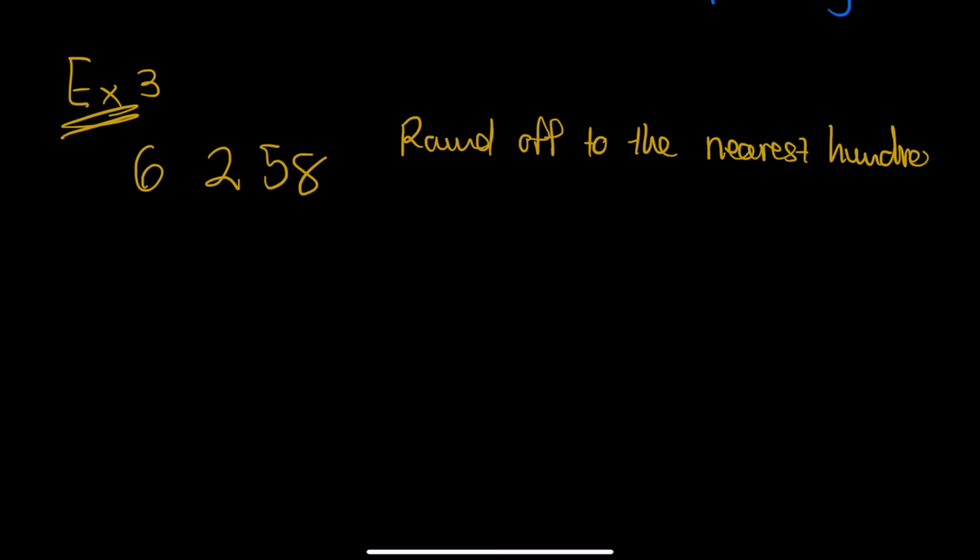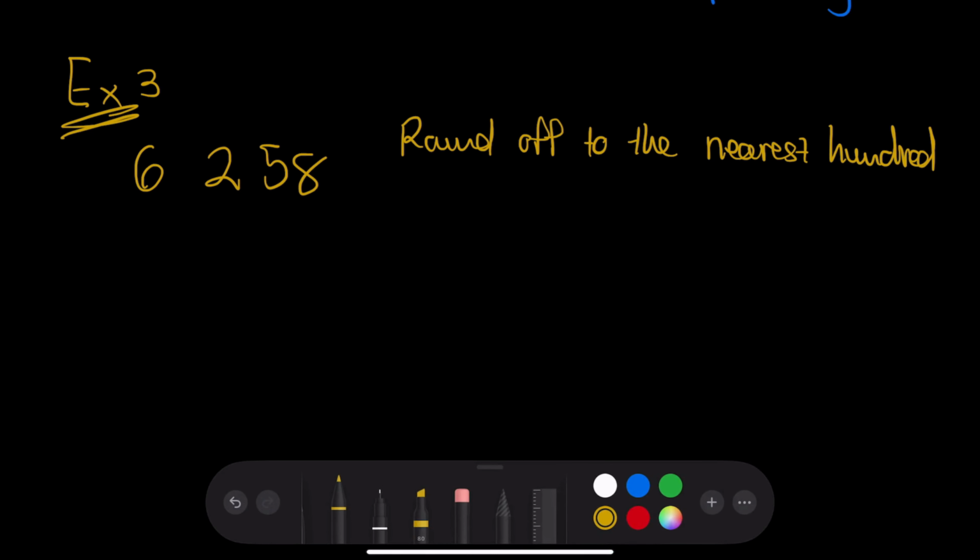Then once again, I have to realize that if it's asking me to round off to the nearest 100, this will then become my place value.